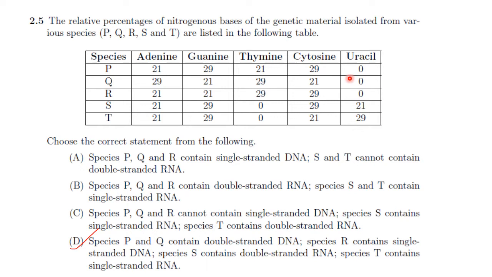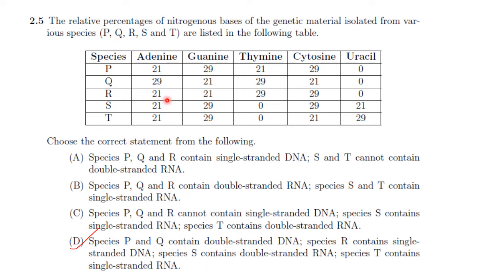There is no uracil, so it is DNA and it will be double stranded. So P is double stranded DNA. Q also the same way, adenine percentage equal to thymine percentage, guanine percentage equal to cytosine percentage. There is no uracil, so naturally this is a DNA and it is also double stranded. So P and Q are double stranded DNA.